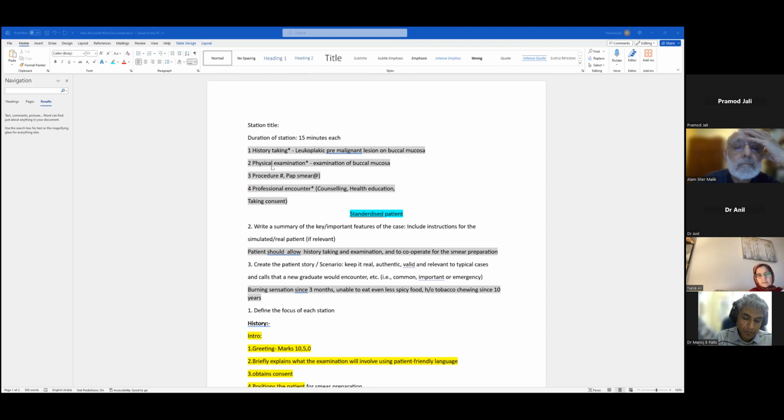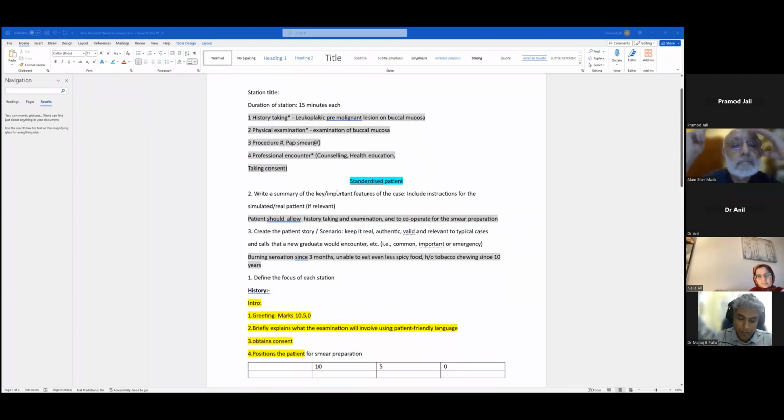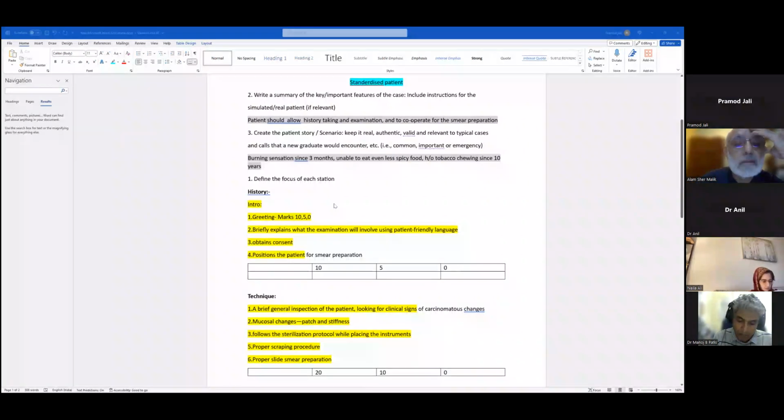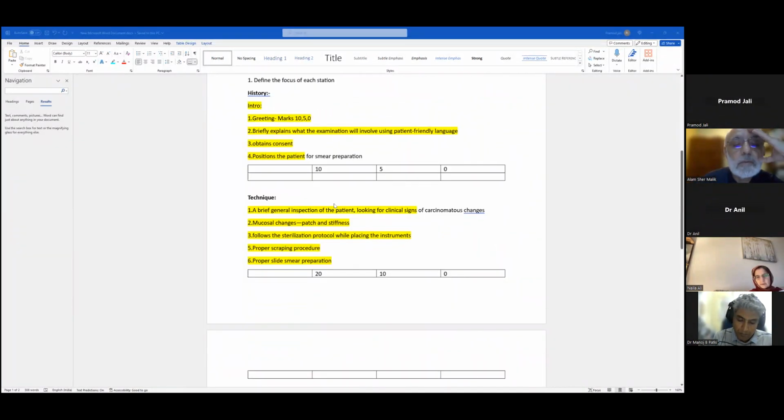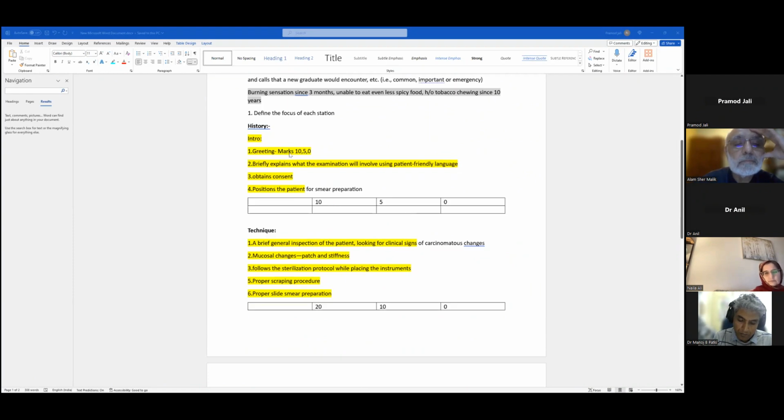One is for history taking, one is for physical examination, the other one is for procedure, and the other one is for counseling and the prevention of the habit. In the history taking, it is the same as given in the template, sir. Greeting, and then the marks.